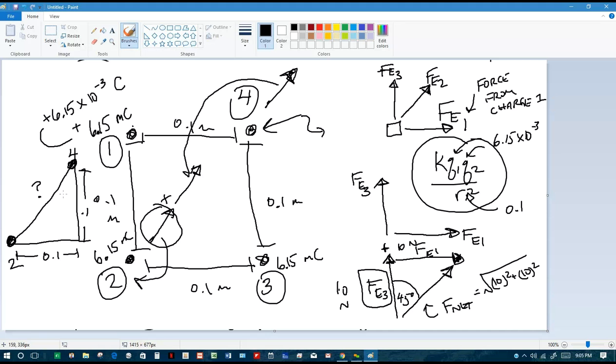Yep, exactly. You'd have to use the Pythagorean theorem to work out the distance between them. And again, you would have to use Coulomb's law to work out how hard charge 2 is pushing charge 4 up and to the right. And once you have that, that's what I'm starring right now.